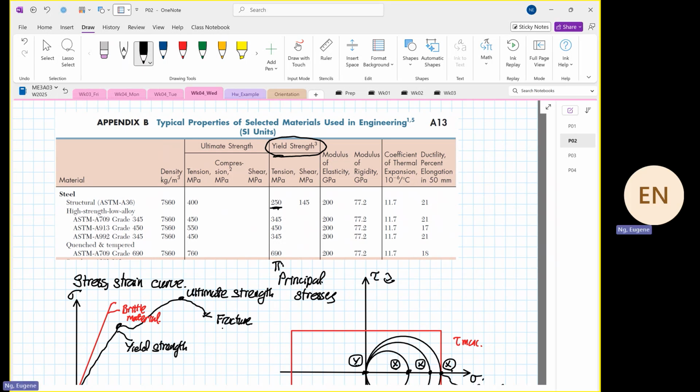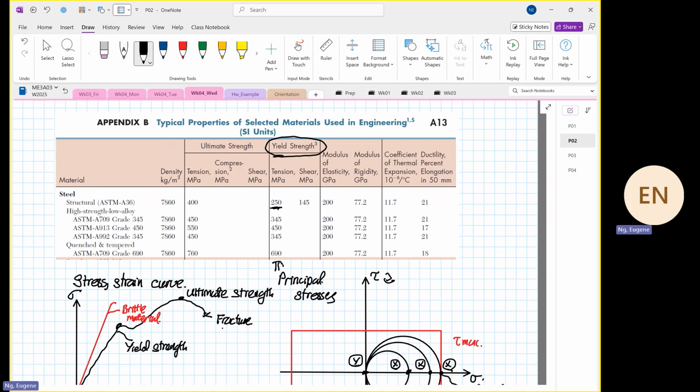Are we clear? Because you will be asked to define what stress when you measure what they are. It's your principal stress.